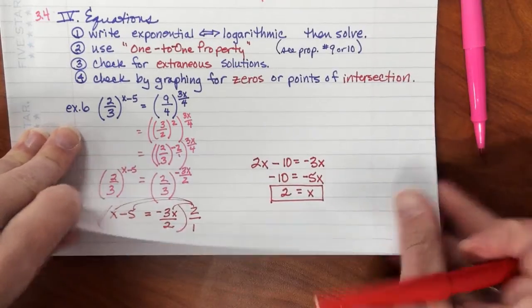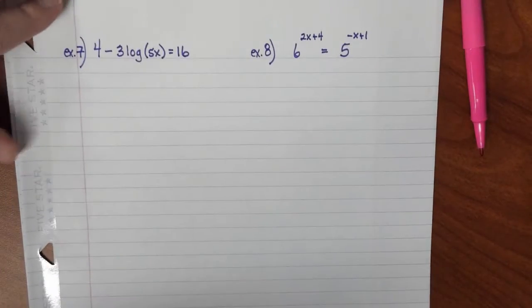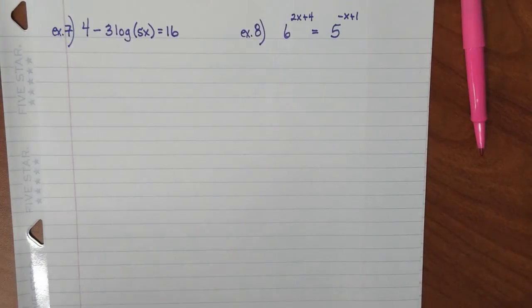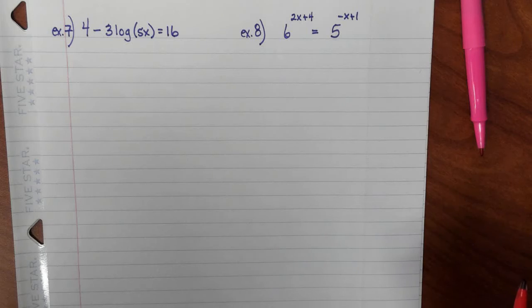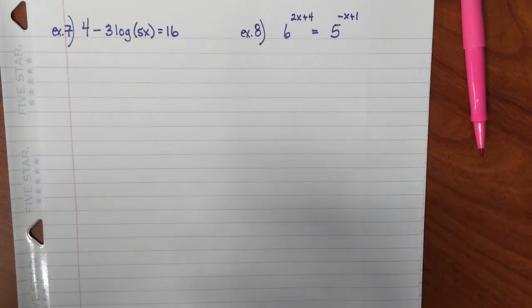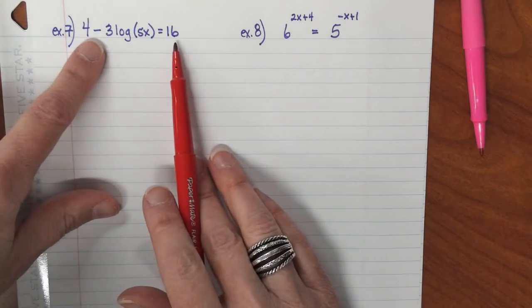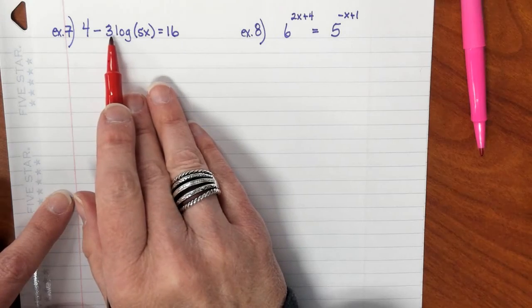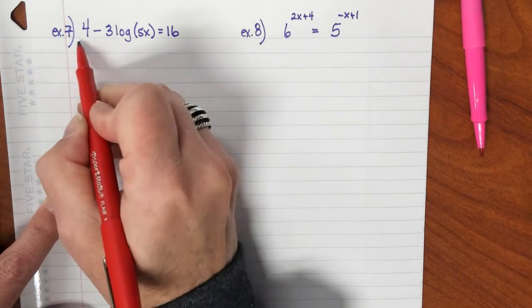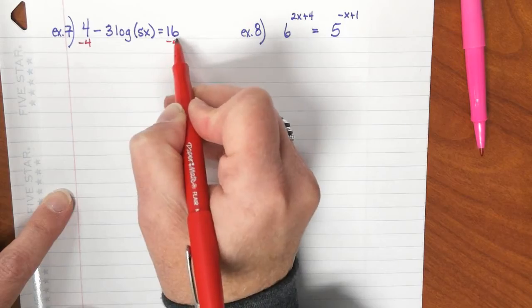This one says, this is example 7, 4 minus 3 log of 5x equals 16. All right, a couple things I notice. I've got a couple integers here, the 4 and the 16, so I think I'm going to combine those right away. And I've got this -3 up front. Let's take care of this first.